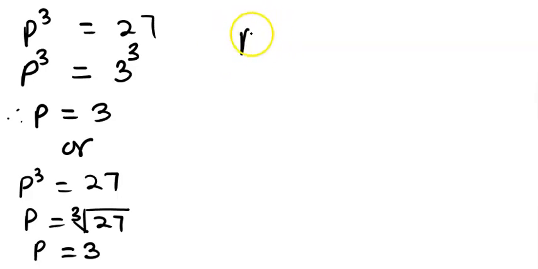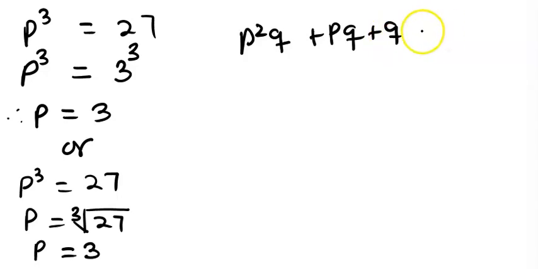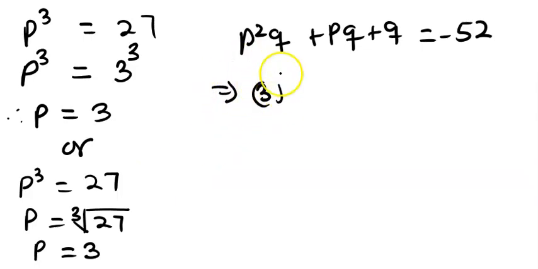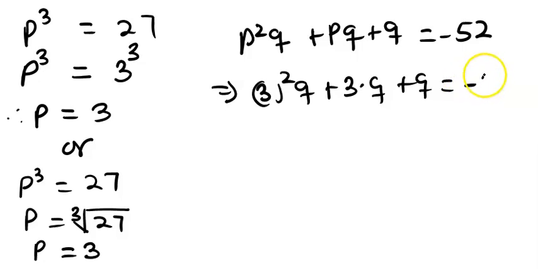We then compare the constants. That means p squared q plus pq plus q is equal to minus 52. But we know p to be 3. So this implies that 3 squared q plus 3 times q plus q is equal to minus 52.